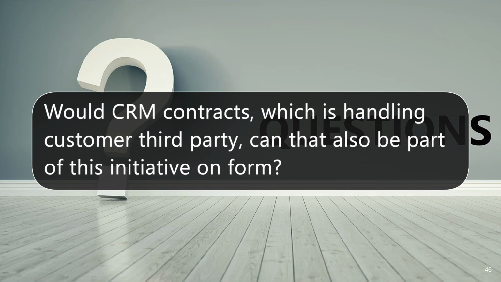Would a CRM contract which is handling customer third-party contracts be part of this feature in any shape or form? Yeah. So currently, the idea for this third-party integration framework is to support the business process areas related to source to pay, and as part of the roadmap, we will also be planning to consider other areas related to sales, and also CRM.